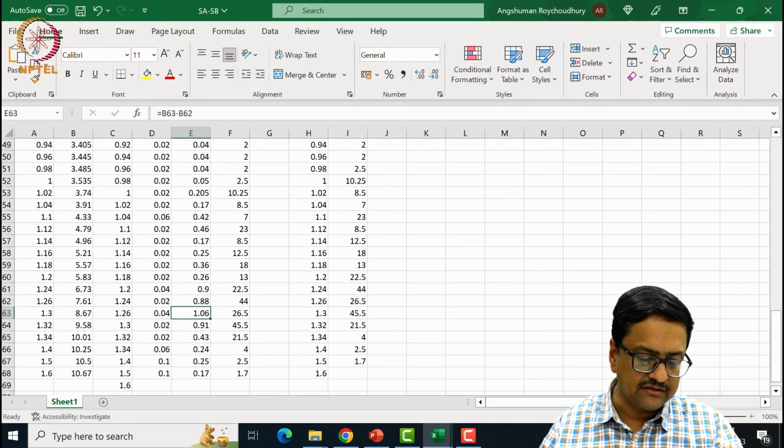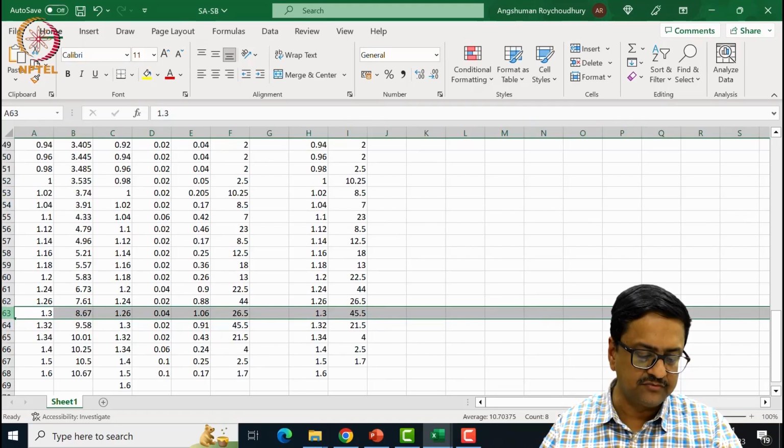So, what we see is that this reading here probably indicates the end point of the reaction, the neutralization point.